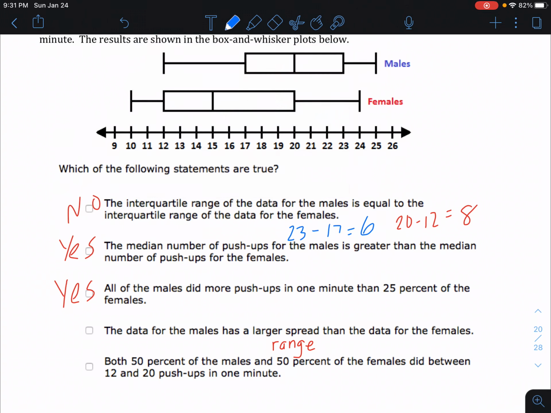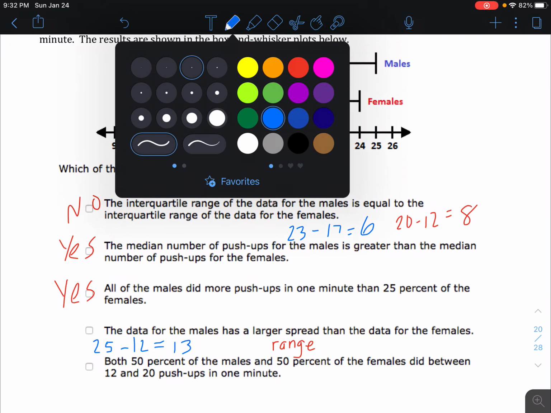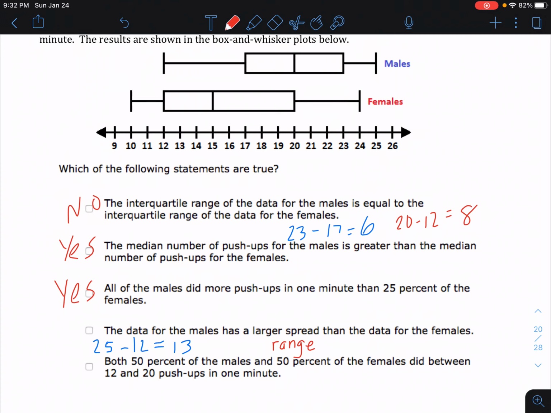The highest number is 25. The lowest number for the males is 12. So that would give a range or spread of 13 for the males. The females, the highest is 24. The lowest is 10. That would give a spread or range of 14 for the females. So therefore, this statement would be wrong. So we're going to put a no. The data for the males does not have a larger spread than for females.